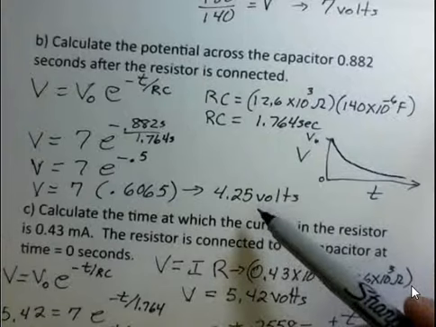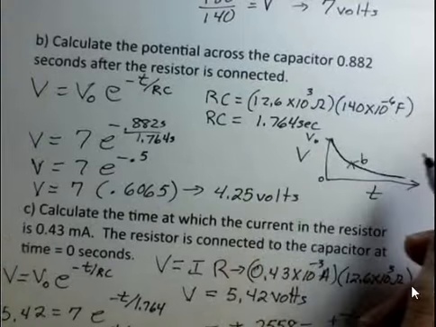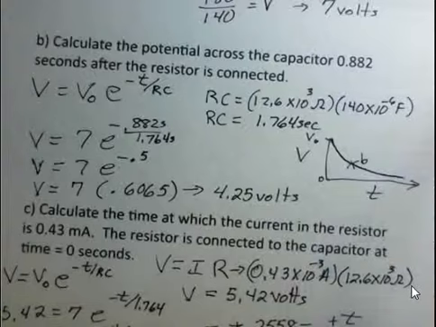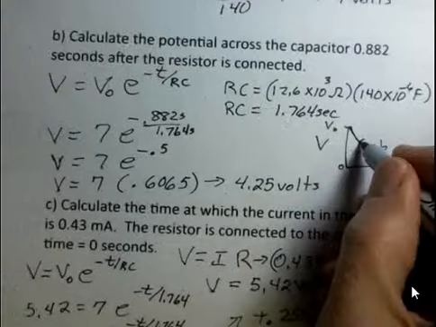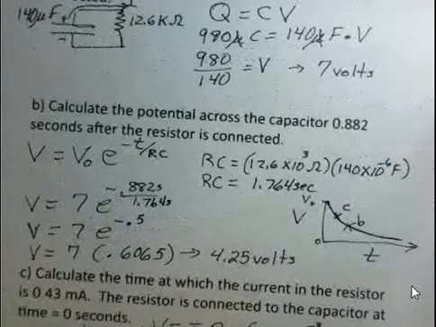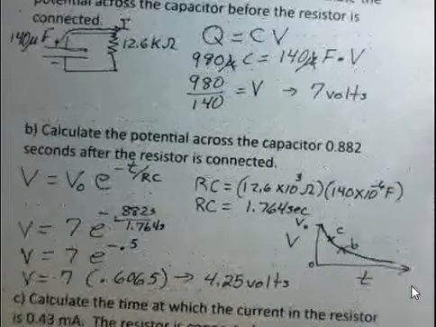So, for the answer for part B, when the time is shorter, the capacitor is not discharged as much, and we're at 5.42 volts. So these numbers are consistent. When the time is shorter, the capacitor has more potential difference across it. The voltage is higher.